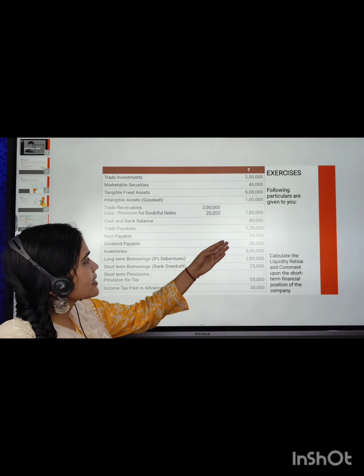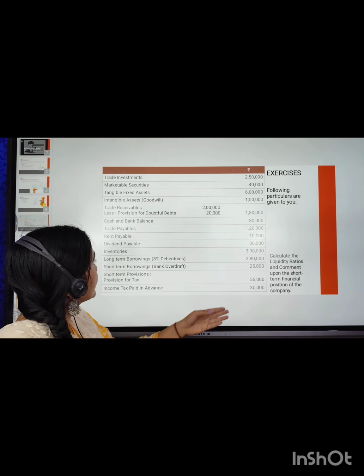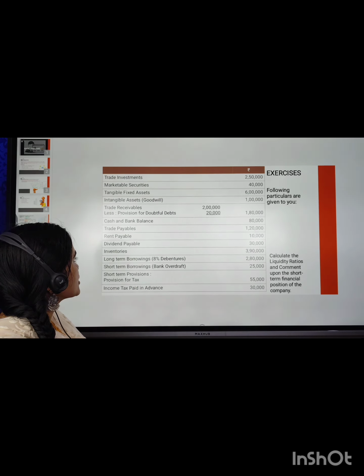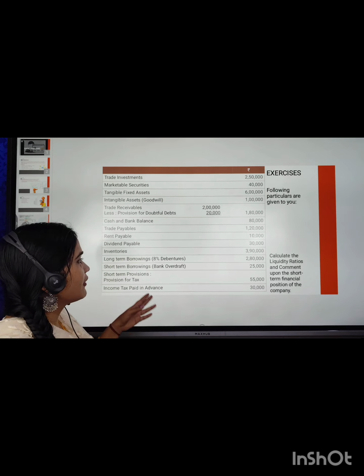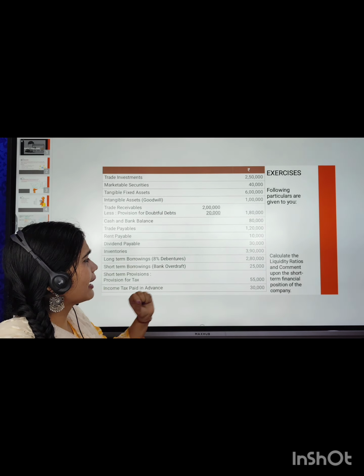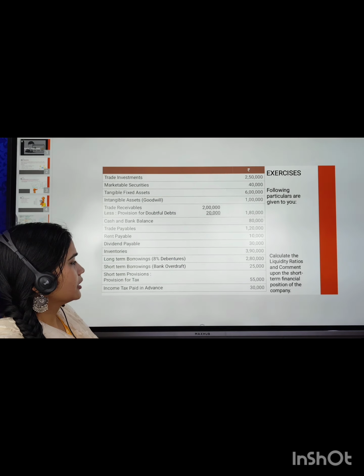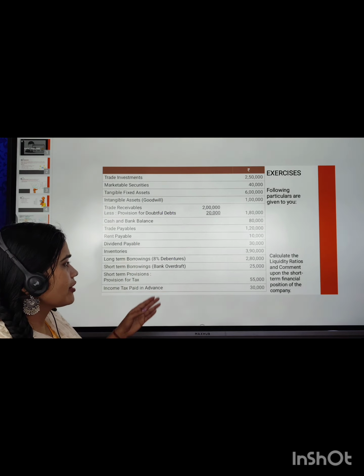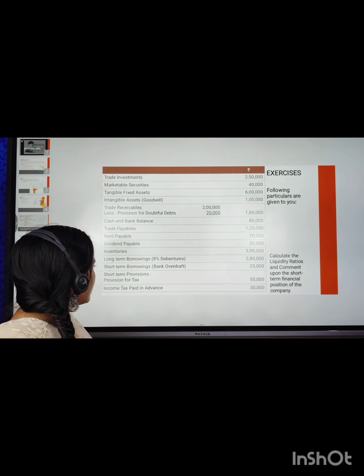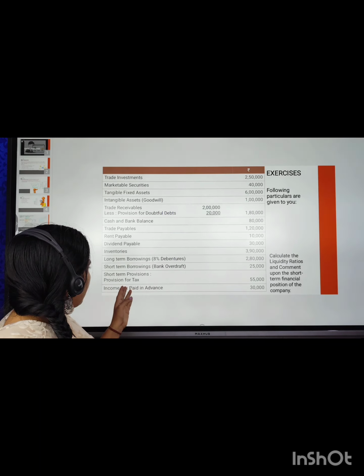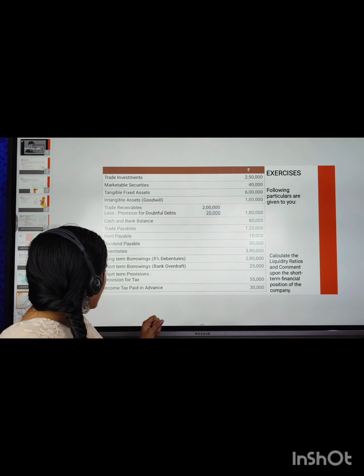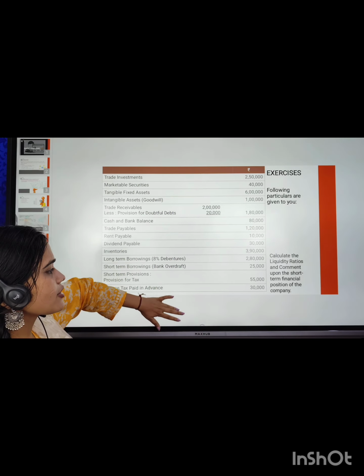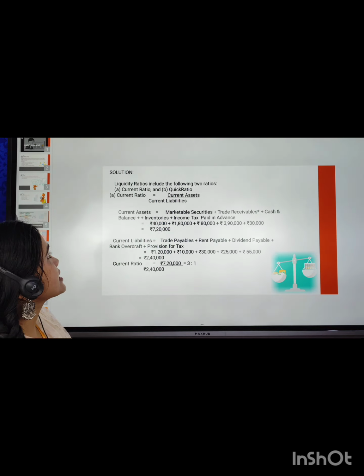Cash and bank balance 80,000, trade payables 1,20,000, rent payable 10,000, dividend payable 30,000, inventories 3,90,000, long term borrowing, that is 8% debenture, 2,80,000, short term borrowings bank overdraft 25,000, short term provision, provision for tax, 55,000, income tax paid in advance 30,000. So here is the calculation.